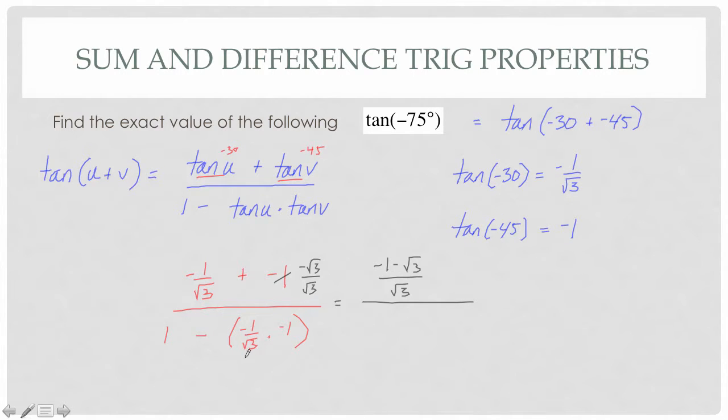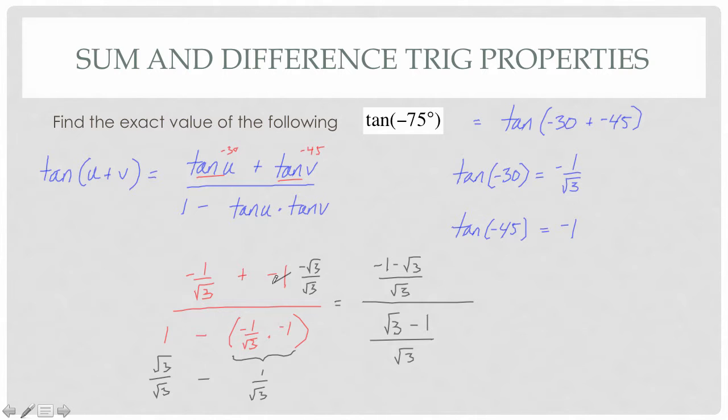And in the denominator, these multiply to make a positive 1 over square root of 3. I'm going to change this into square root of 3 over the square root of 3. So I have common denominators here. And now I can get the square root of 3 minus 1 all over the square root of 3.